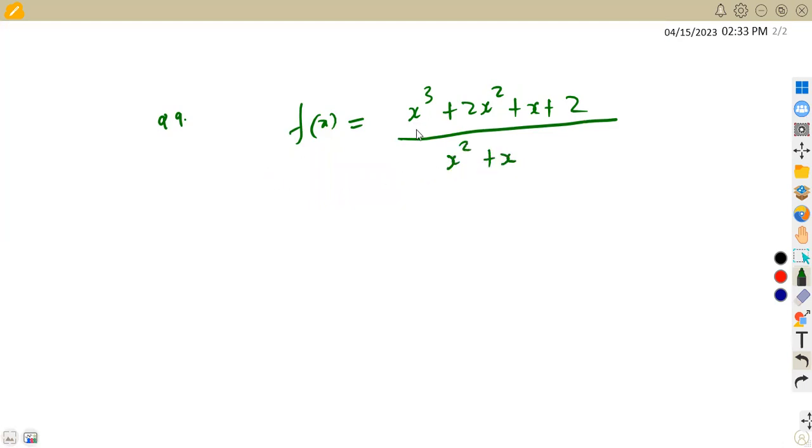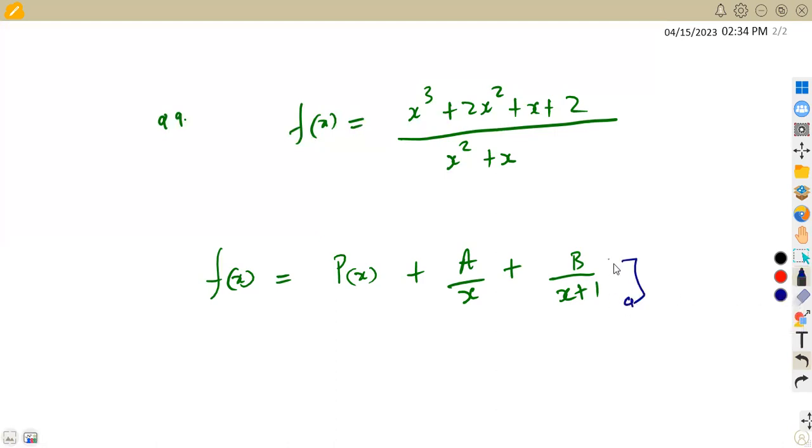And we are told that f of x can be written as px plus a over x plus b over x plus 1. So they give us a hint on how to express our f of x into partial fractions.